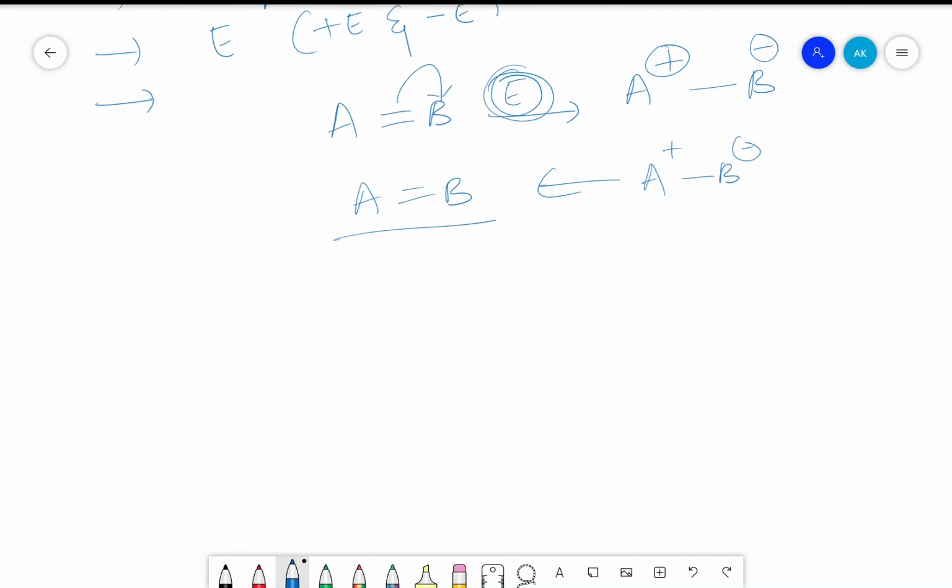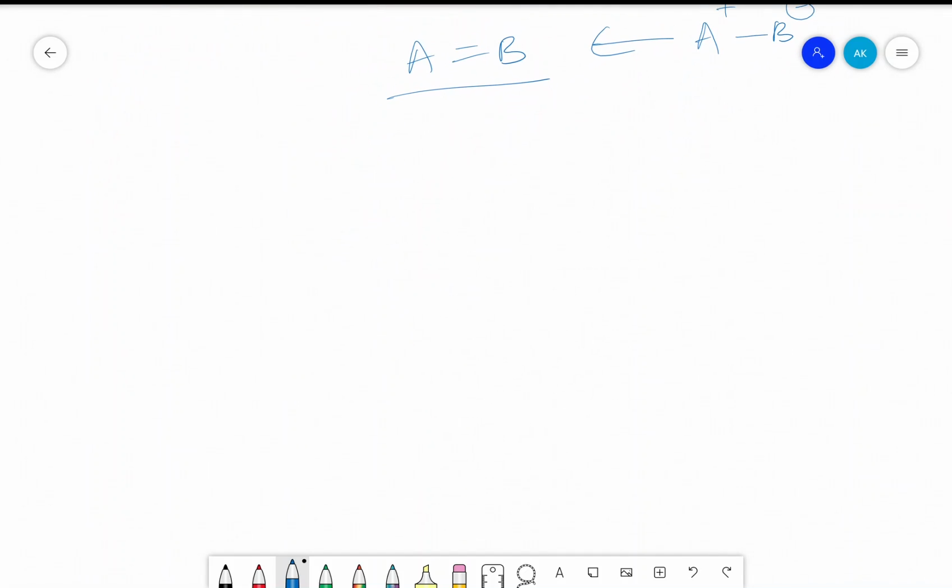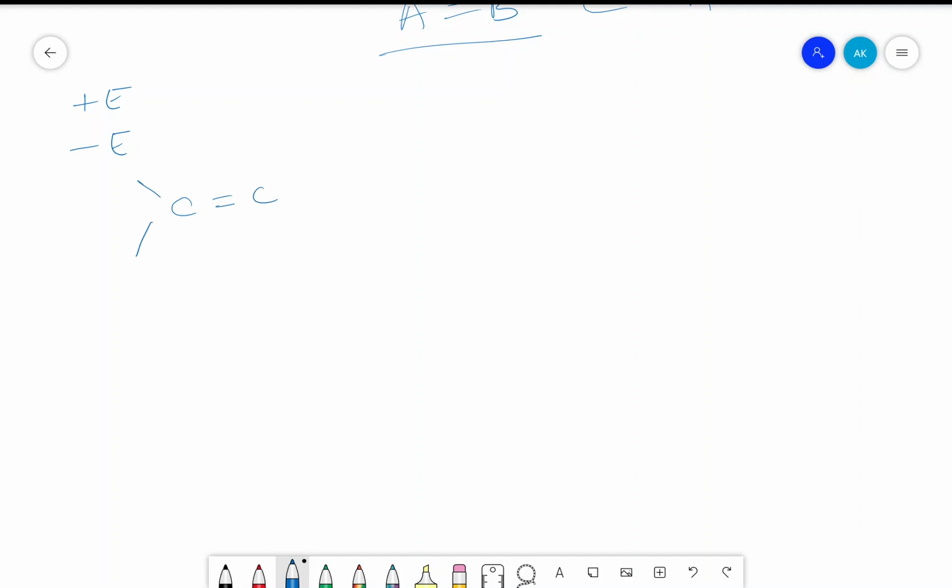There are two types of electromeric effect, that is plus E and minus E. In plus E, the example we can quote here is this. It has two bonds here, plus H plus. The pi electron cloud moves towards this carbon.